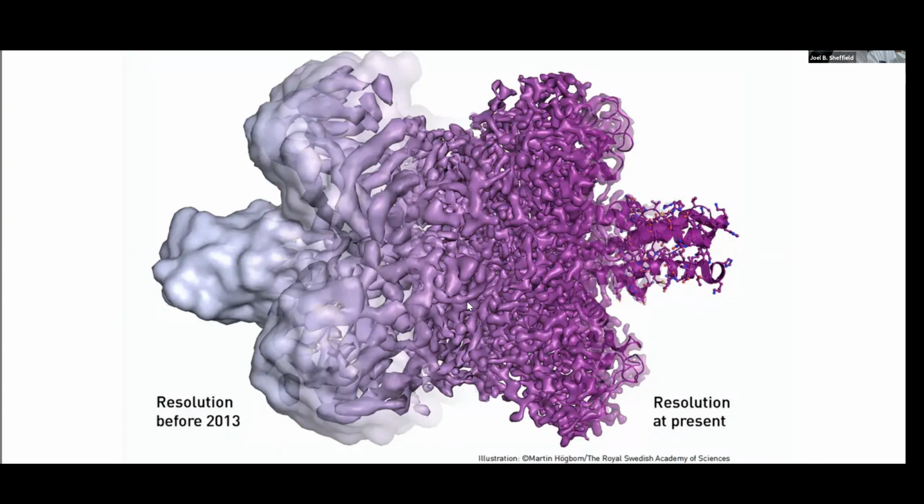It's really a wonderful diagram that indicates on the left what we sort of knew of protein structure. Well, it's an interesting time to suggest 2013 is the point, but it's not a bad idea.